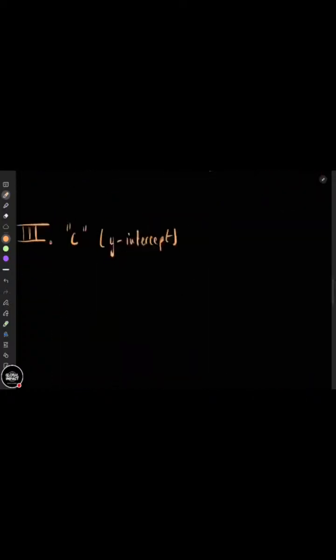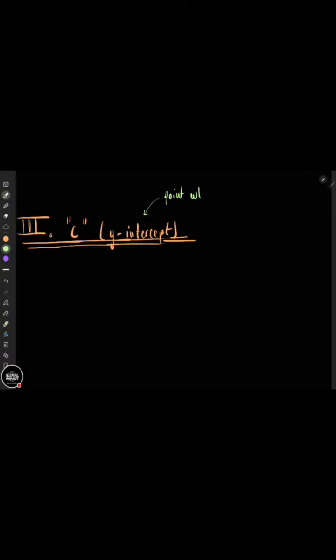So let's see how we find the C now. How do we find C, which is the y-intercept? What do they mean when they say the y-intercept? It is the point where the graph cuts the y-axis.